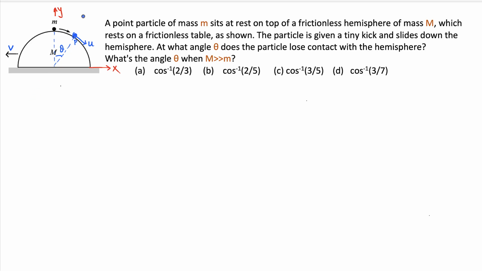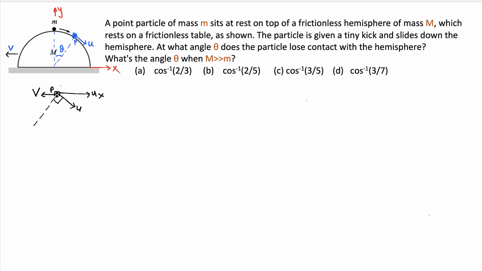Now let's understand the velocities of the particle P. Because there is a velocity u in this direction at point P, there will be some horizontal component of this velocity, ux, but the point mass is also going in the left direction because it is still in contact with the hemisphere, which is going towards the left.